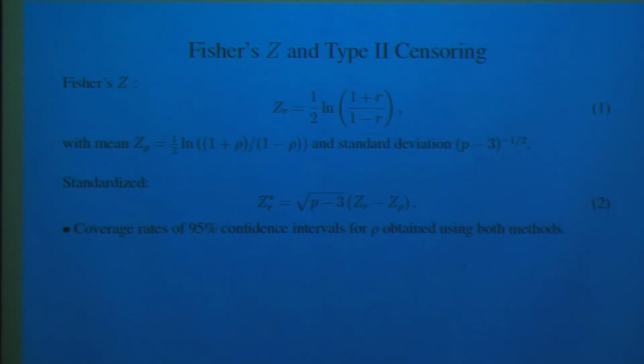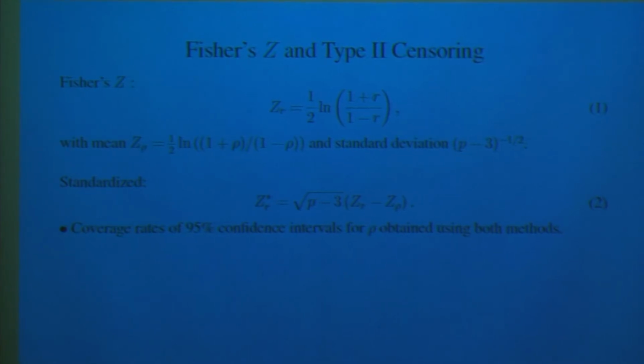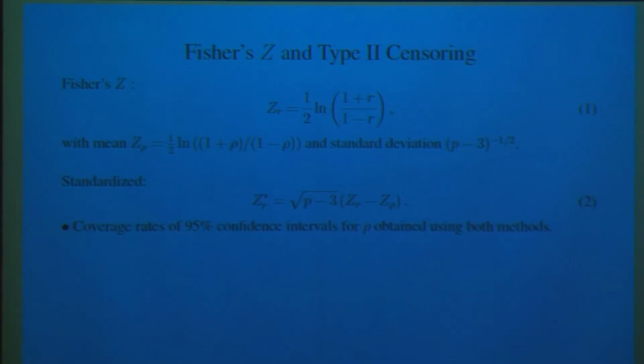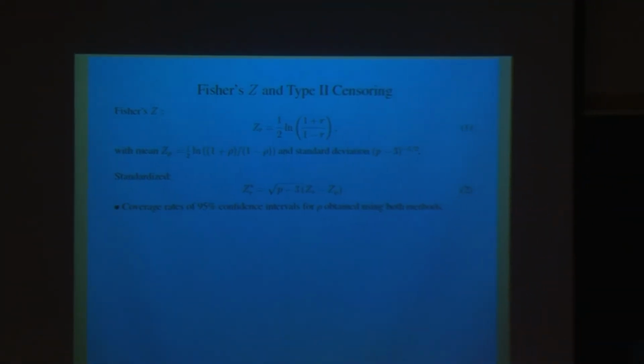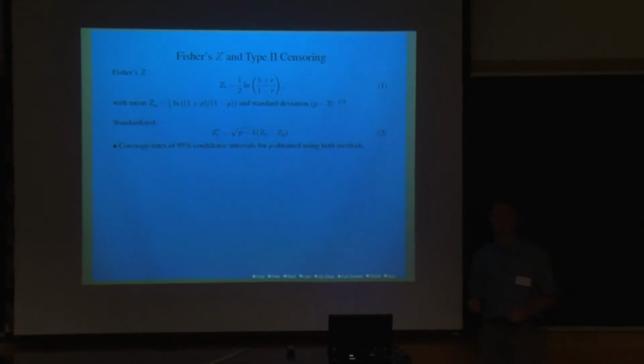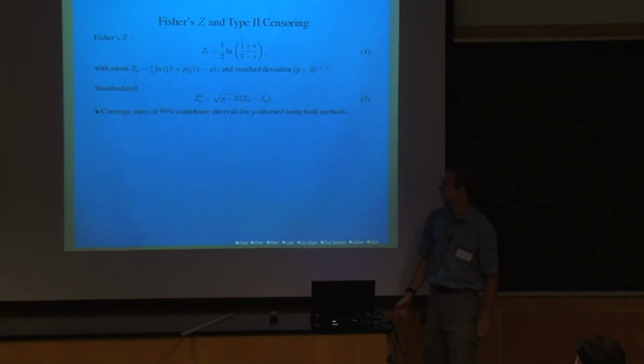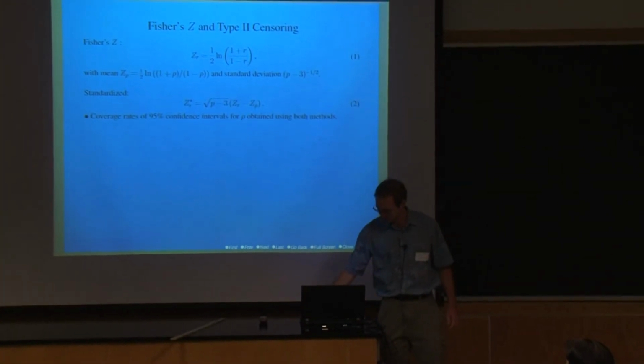To talk about inference, we considered two methods: the standard normal approximation and our modification. One of our major performance measures, the one I'm going to discuss here, was coverage rates for 95% confidence intervals for Rho.